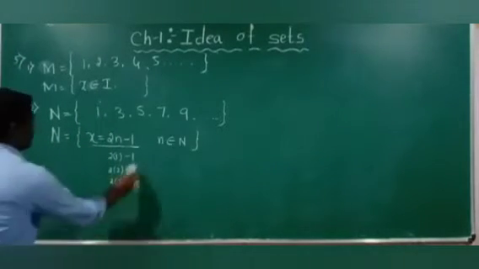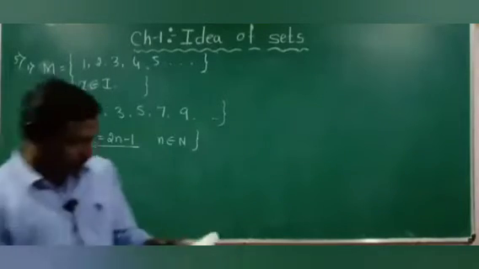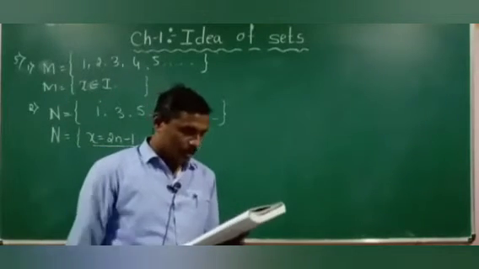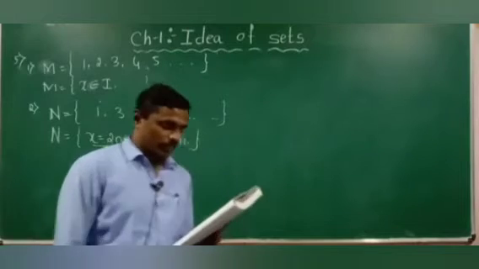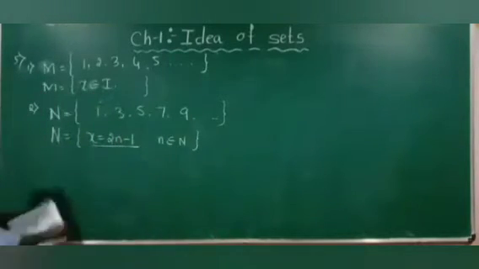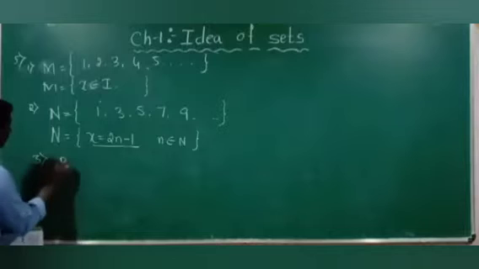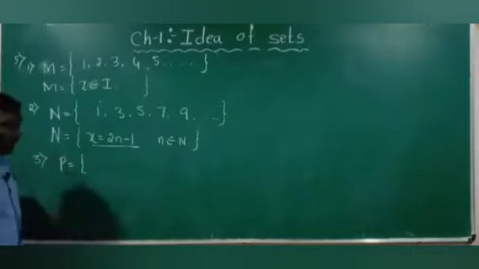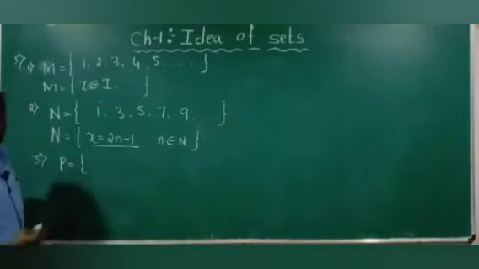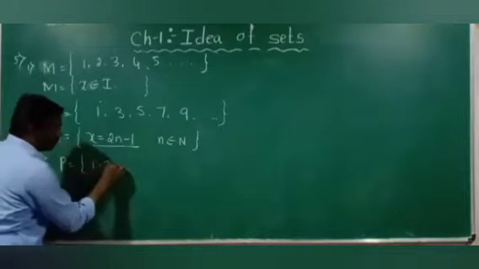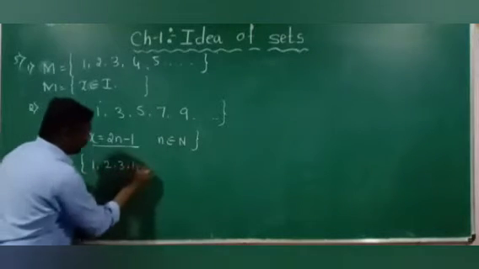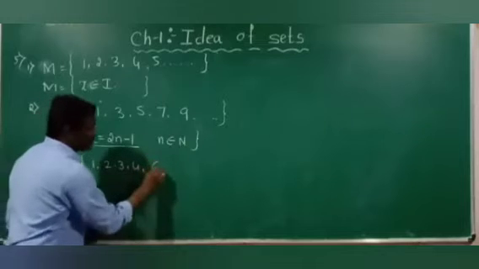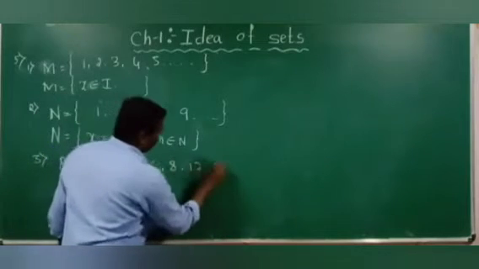Okay, next, see the next question, that is the third one, the set of the factors of 24. Third one, set P. Write the factors of 24. What are the factors of 24? 1, 2, 3, 4, 6, 8, 12, 24.